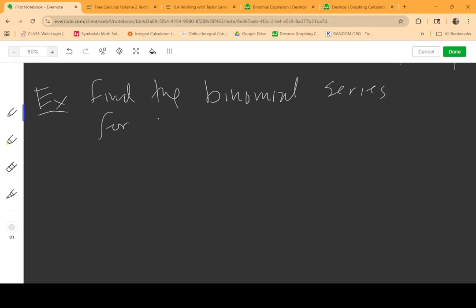For this example, I want to find the binomial expansion, find the binomial series for f of x equals 1 over (1 plus x) squared. Keep in mind that this is (1 plus x) to the negative 2.